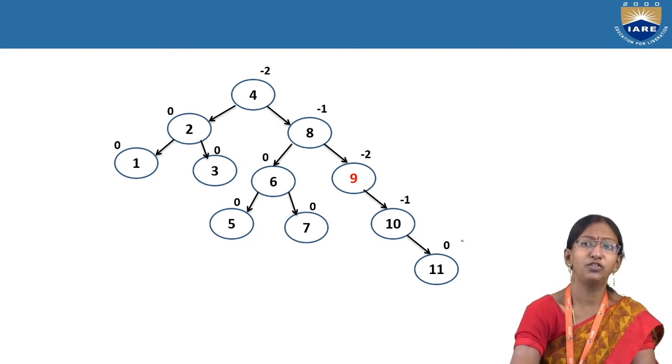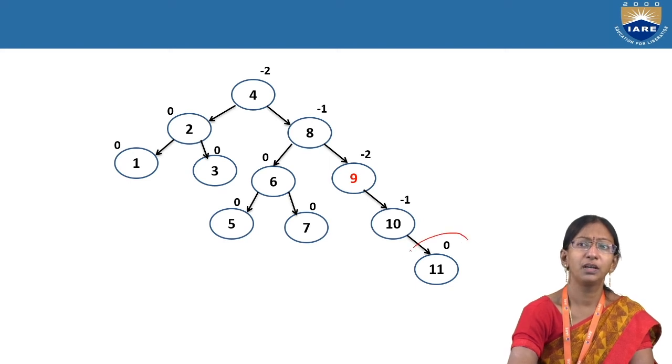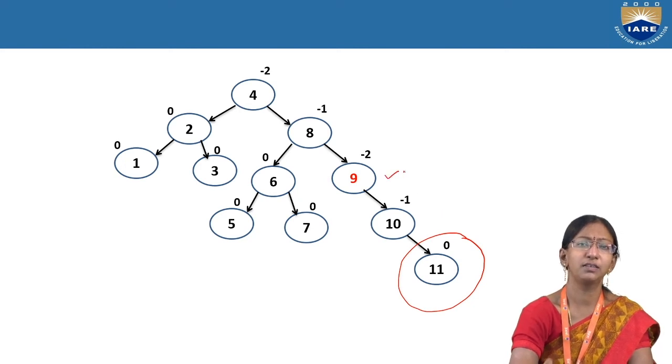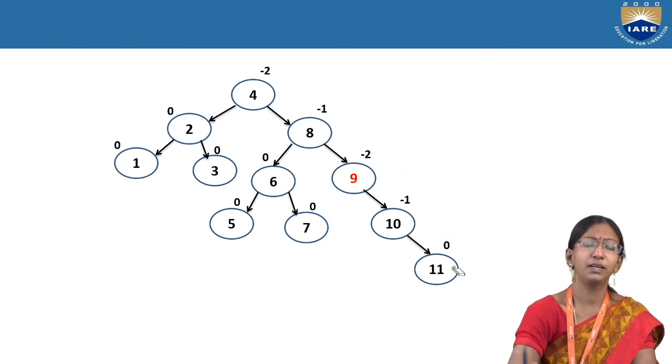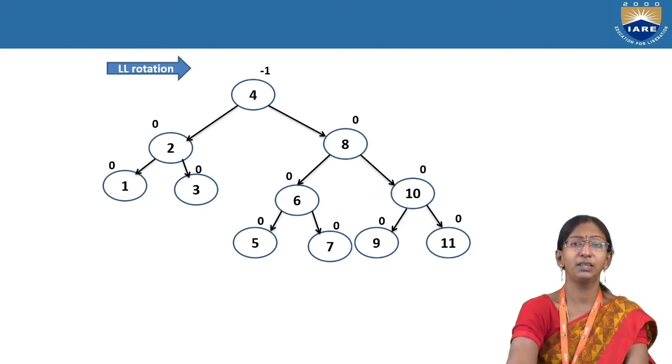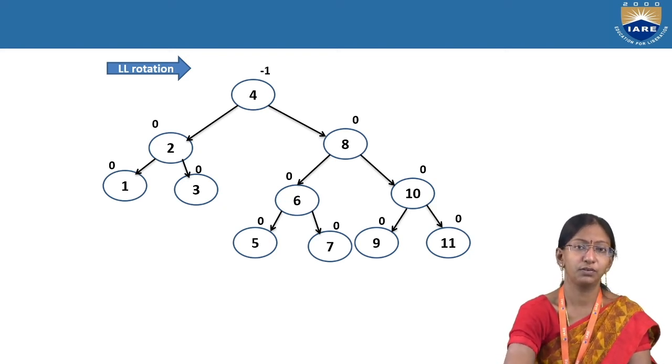Judge between these two. 11 is the newly inserted one and the nearest one which got affected is 9 because of a right element. So rotate towards left. So this is the final one. You rotated 9, and even 4 got balanced. Right? This is an indirect effect. This is how we are going to perform AVL rotations.